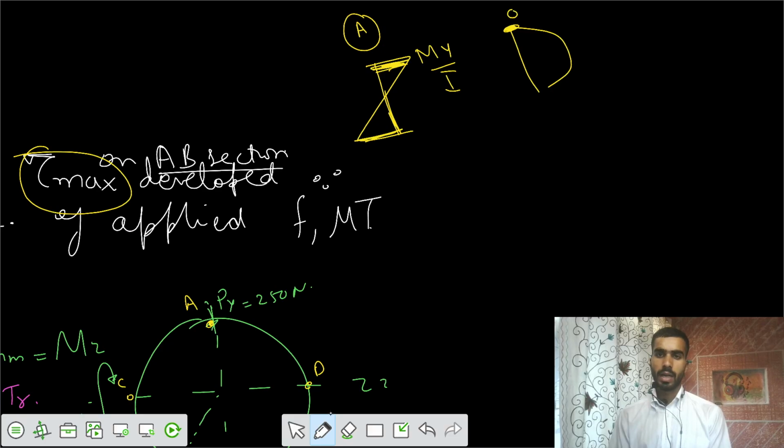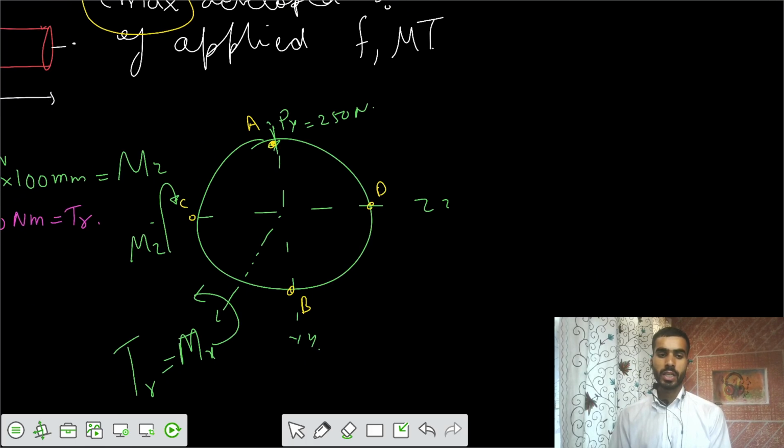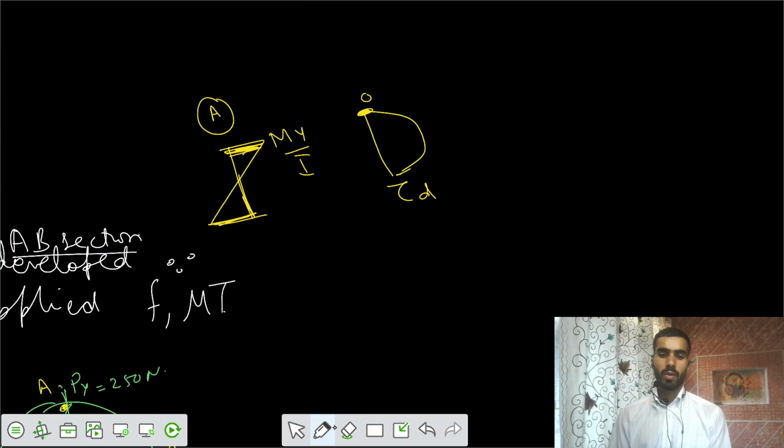So 0 direct shear stress, tau direct. And for the shear stress because of torsion, I would write tau max equals TR by J, or we can say 16T by pi d cube. So we have some value of shear stresses and normal stresses on that top.